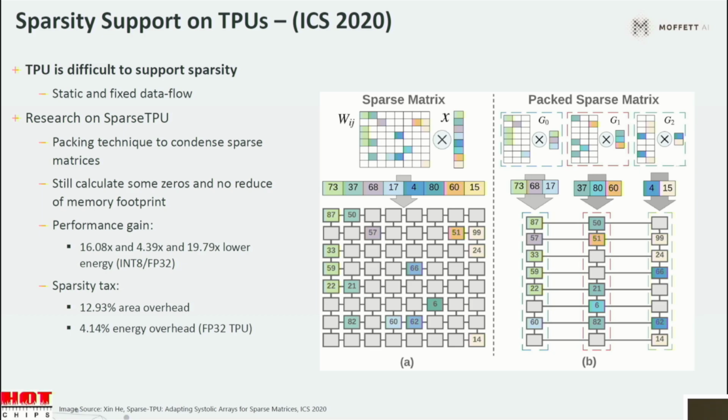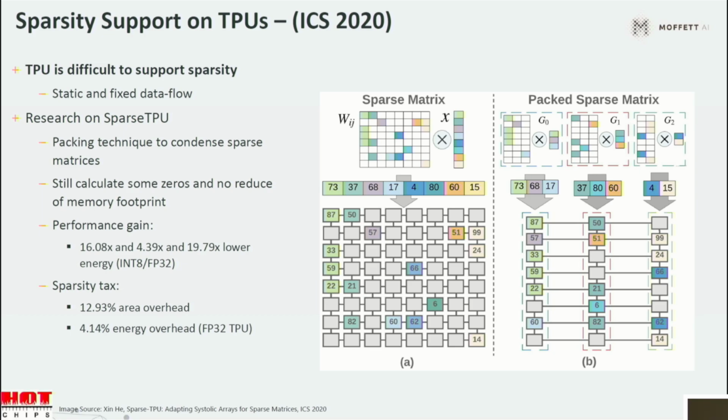But they decompose this sparse matrix into multiple packed sparse matrices, and each packed sparse matrix is mapped to one row of the systolic array. In that case, the empty slots in the systolic array are reduced compared to the original sparse systolic array.